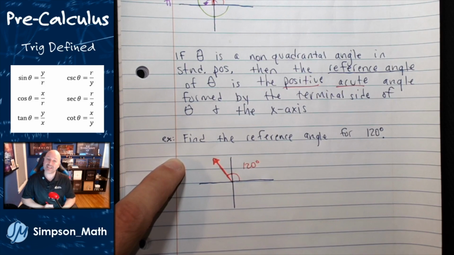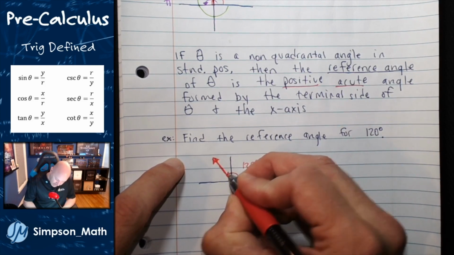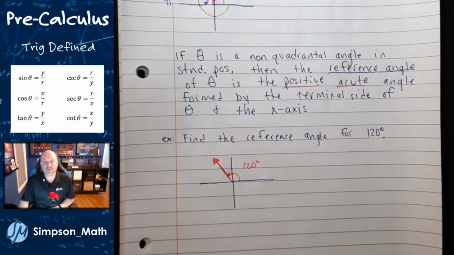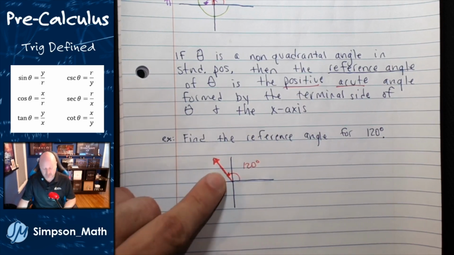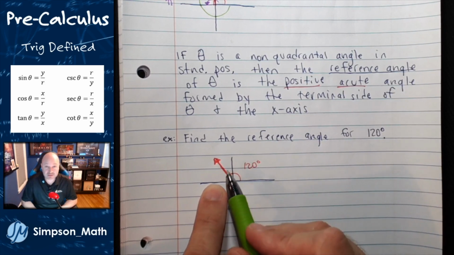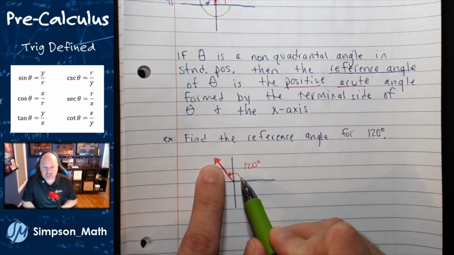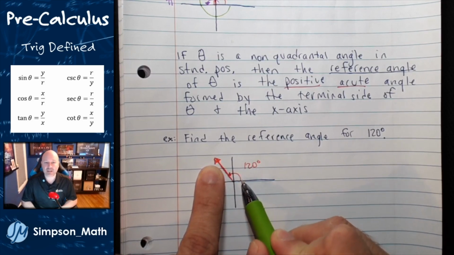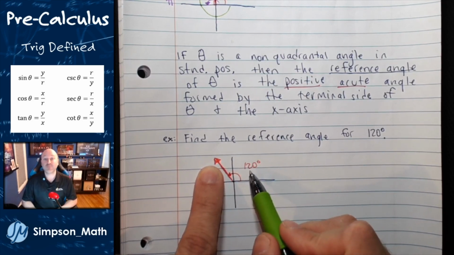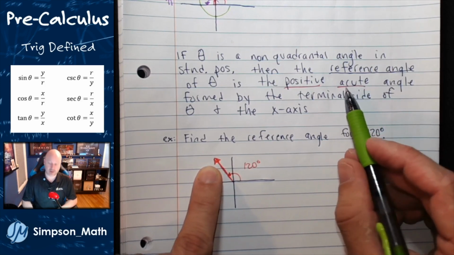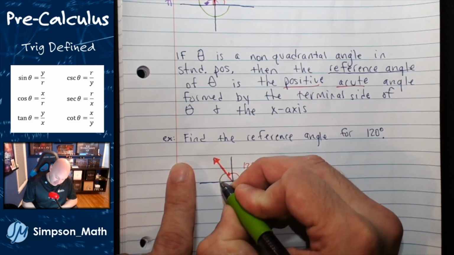It does not lie on one of the axes. Because it does not lie on one of the axes, it has a reference angle. The reference angle is formed by the terminal side and the x-axis. Now you may think to yourself, well, 120 is an angle formed by the terminal side and the x-axis. But 120 is obtuse. It is bigger than 90 degrees. So I'm looking for the acute one. So I'm going to draw this angle.